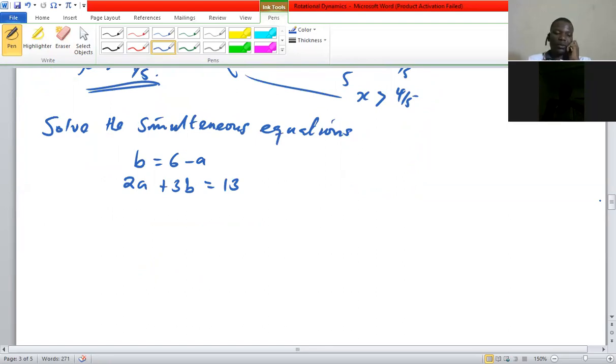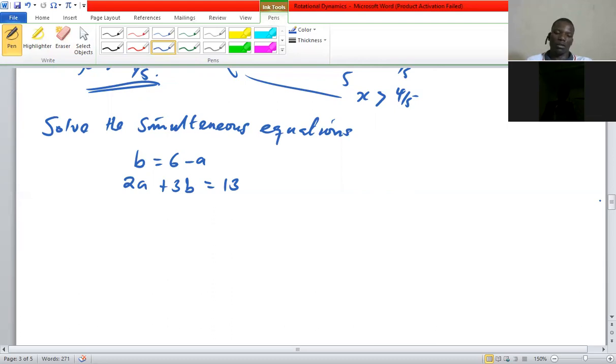The simplest method to use here, which is straightforward, is the substitution method. Wherever there is B in the second equation, we are going to put 6 minus A, because that's what we've been told in the first.